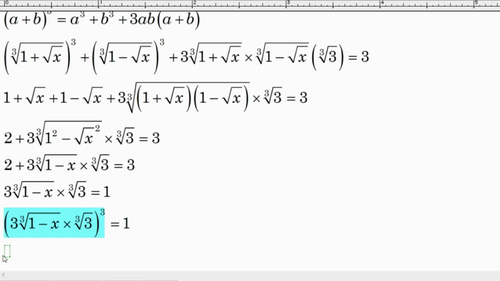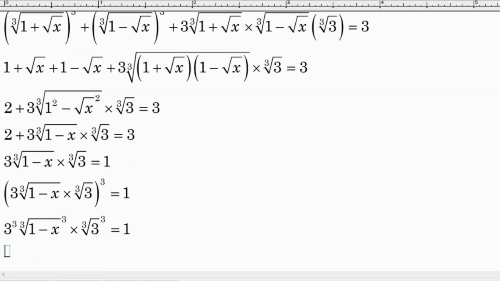So we get 3 cubed, and then also this raised to cube, and then times this, also raised to cube, equal to 1.